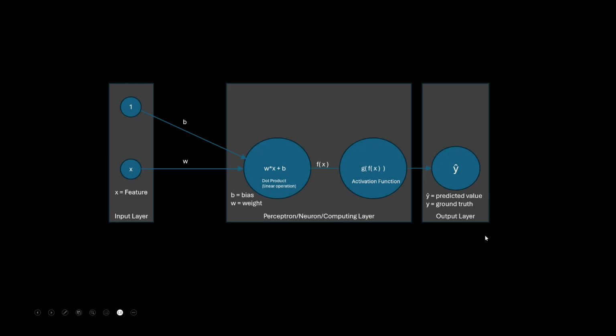In the last video, we talked about this diagram. This is really the perceptron architecture. I simplified the diagram a little bit here to really simplify the math. So we have the input value.